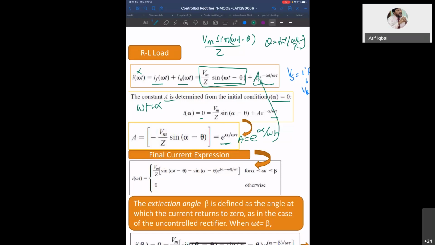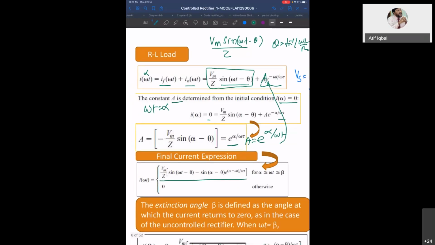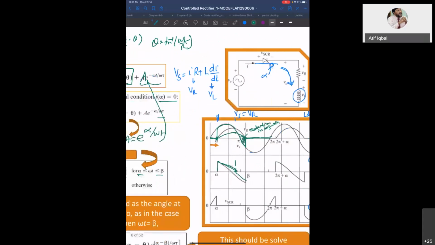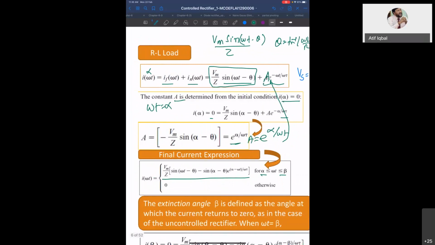So this is your overall current response, and it is valid between alpha and beta. Why? Because from alpha the current has started, and at beta the current drops to 0. So it is the period when the current is flowing, the period when the thyristor is on. So this is I of omega t.